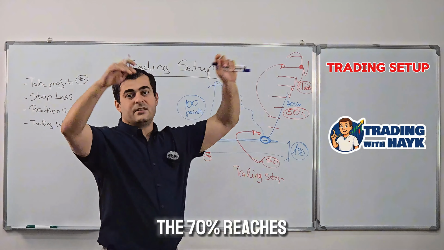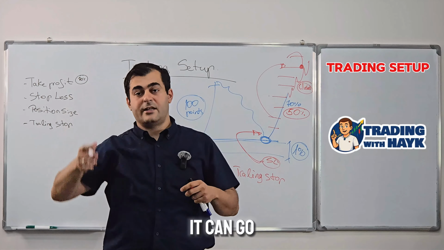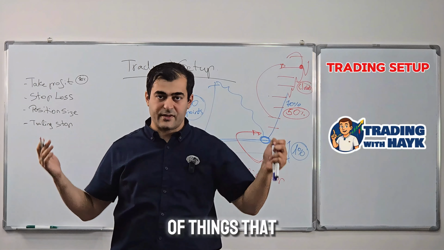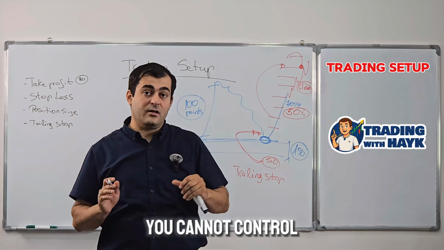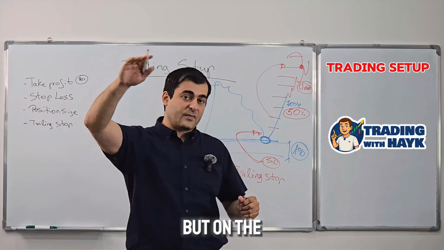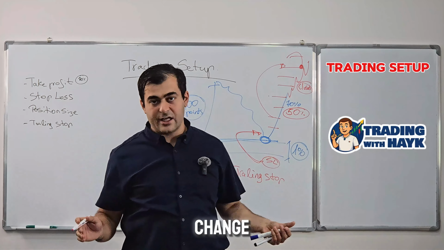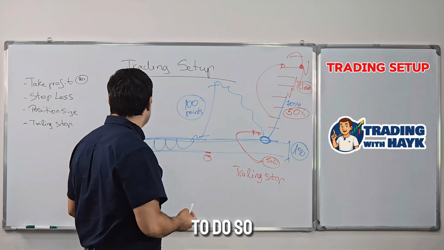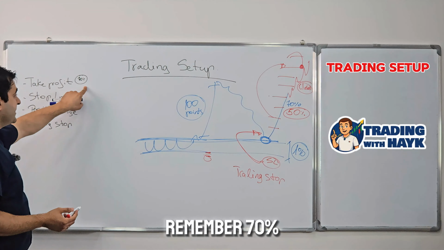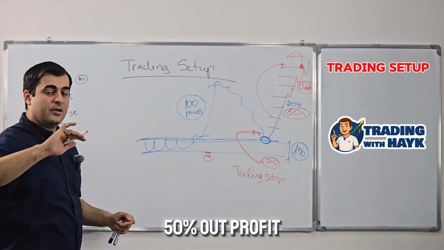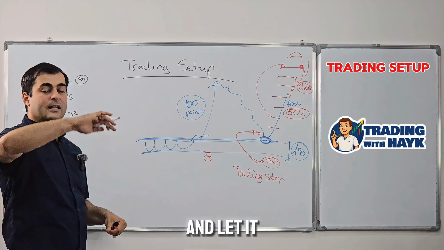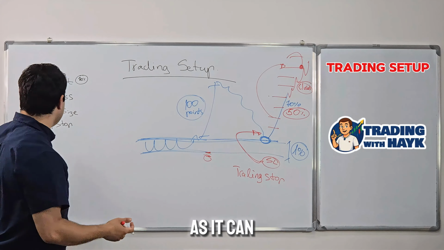I mean, I close 100% of the trade and I'm done. Why? Because most probably it can go down, lots of things can happen that you cannot control. But on the continuation pattern, things change. It's much easier to do. So remember, at 70%, 50% out, profit, and let it run as much as it can.